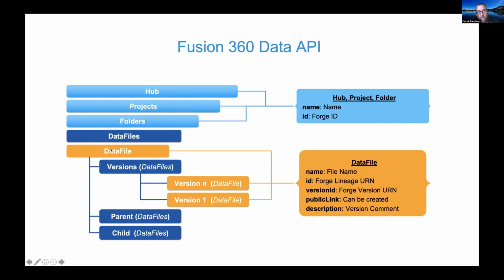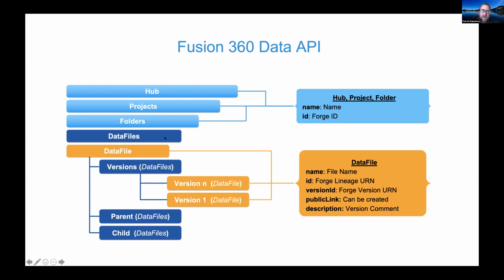When you look at a data file in Fusion, you have the latest version by default, but then you can get a collection of its versions, and you can iterate through its versions. So if you went back to an older version, all versions of the same file have the same lineage, but each one has a specific version ID. So for any data file, you can also get its version ID, which is the equivalent of its Forge version URN.